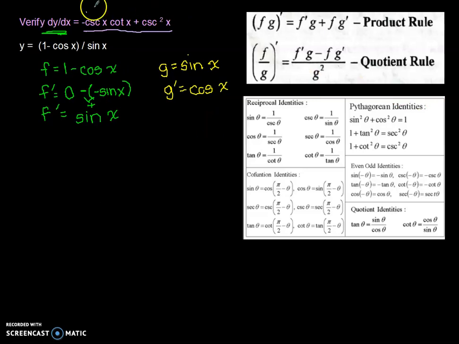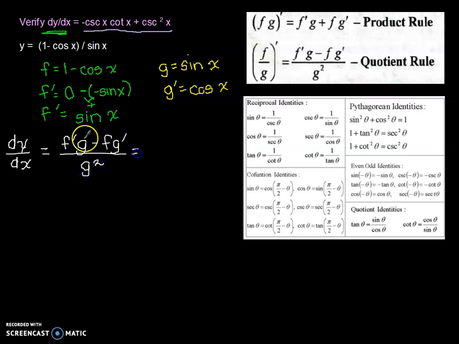So we have it ready to set up the quotient rule. Since it says to verify, let's first find the derivative itself. dy over dx equals f prime g minus f g prime, all over g squared.